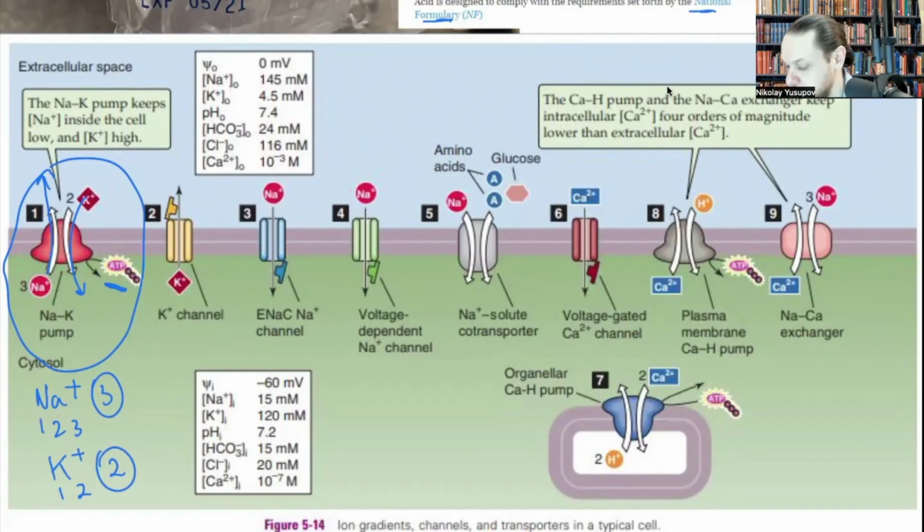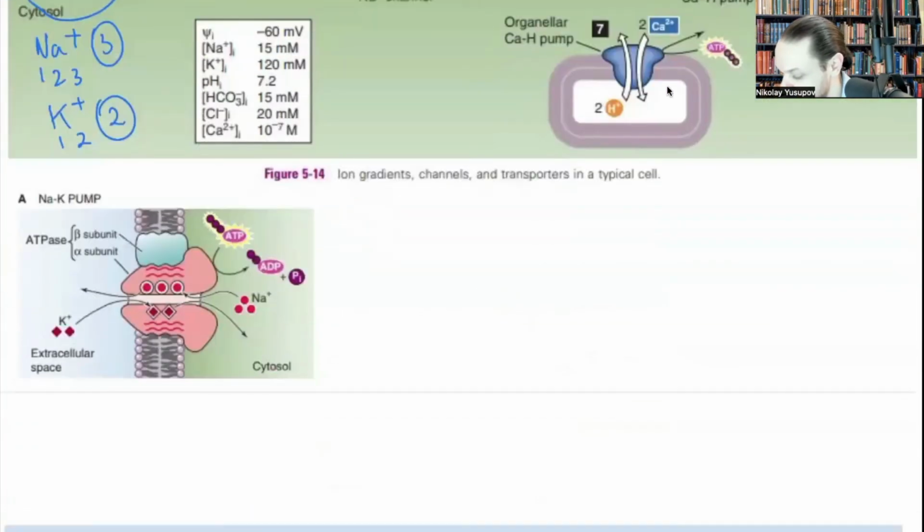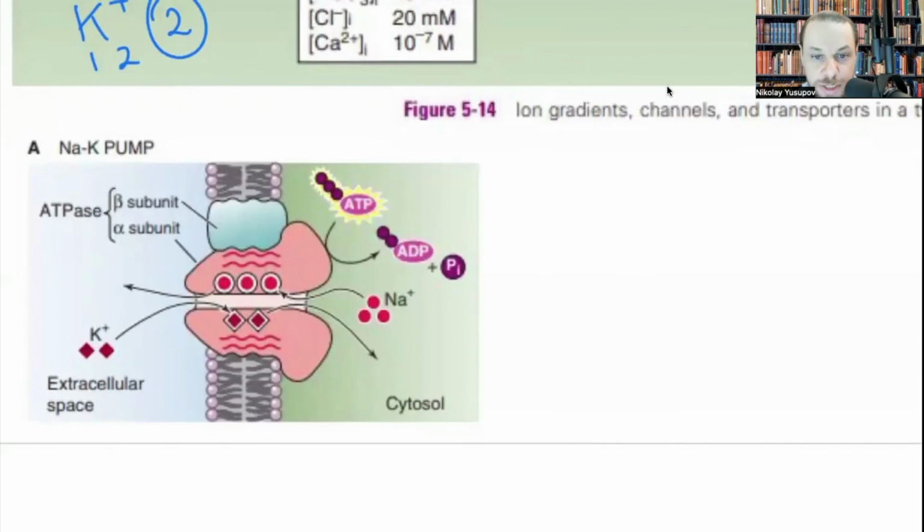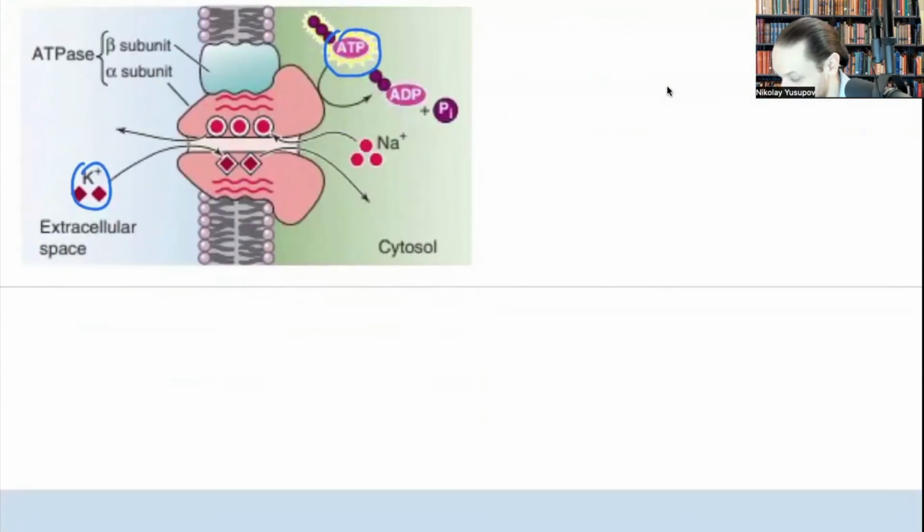We're going to talk about potassium and sodium channels for our purposes for the kidneys. This just shows you a little close-up view of the sodium-potassium ATPase. They're utilizing the ATP to remove sodium and then bring in potassium. So this we'll talk about extensively.